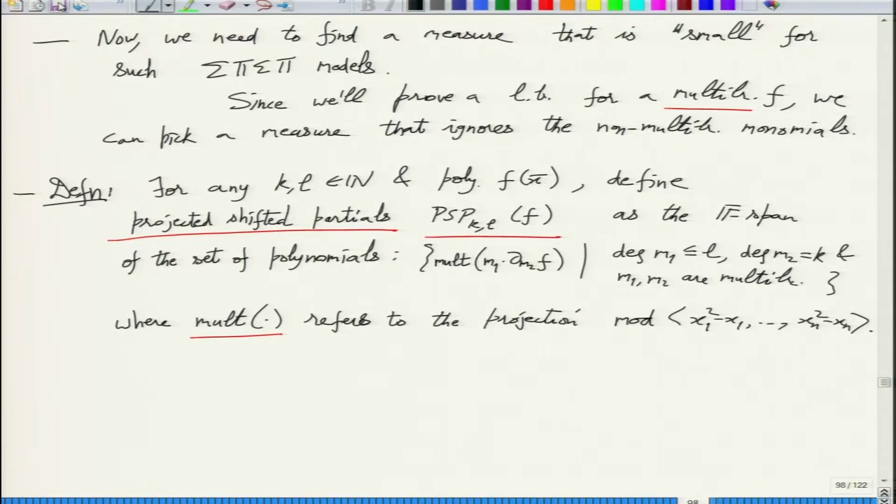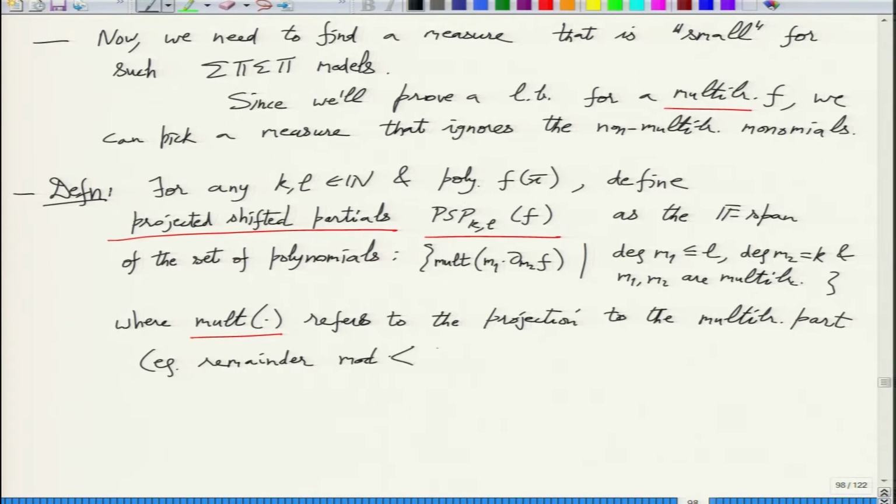It's actually the multilinear part. So square full will be sent to 0. It refers to the projection to the multilinear part, remainder modulo x1 square dot dot xn square. It's slightly different. So x1 square will actually be sent to 0. You have to ignore the square full monomials. So this is really extracting the multilinear part.